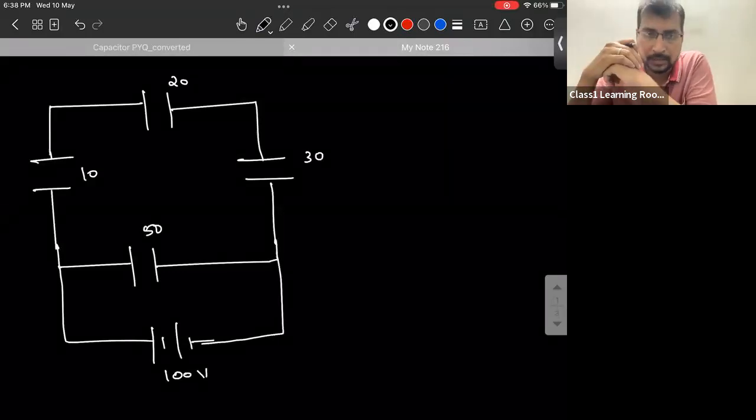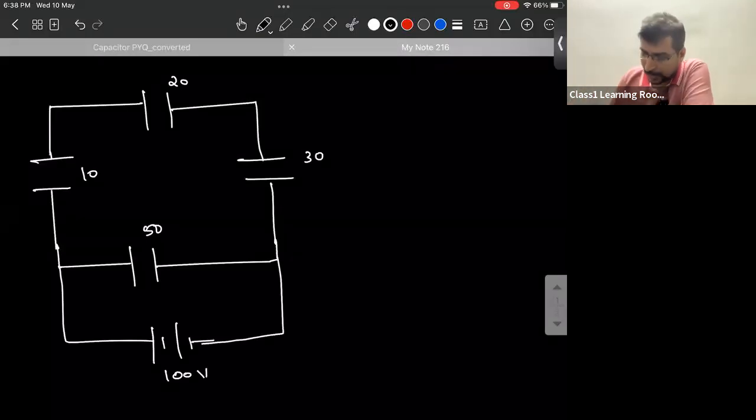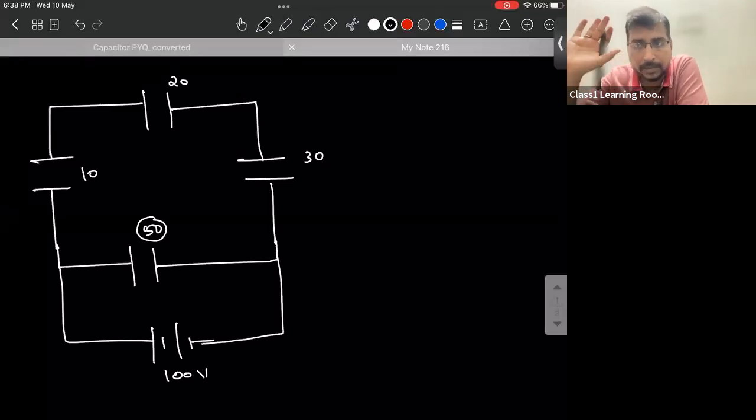Suppose the question was like this. Then across this 50 microfarad, what is the potential difference? It is 100. Whereas across the 10, 20, and 30, you cannot equally divide them. So in that scenario, what are we supposed to do?